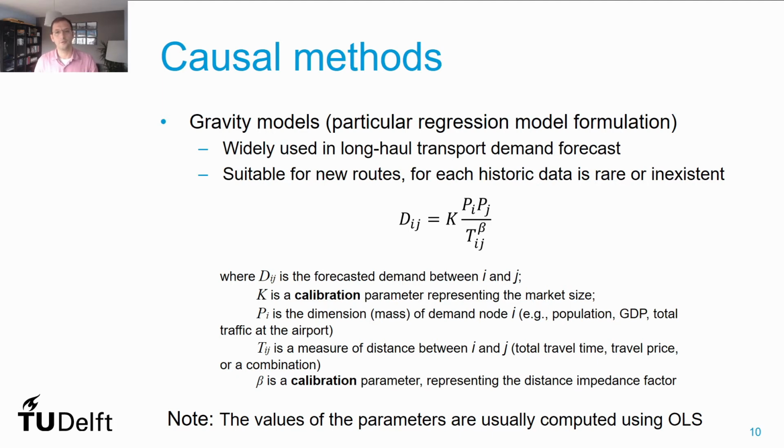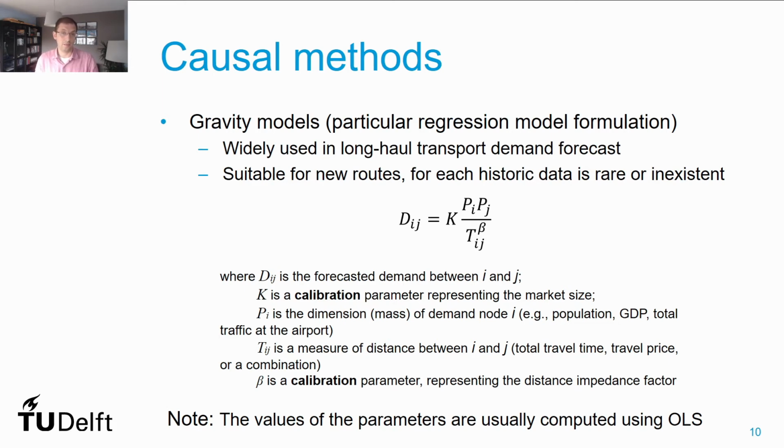So it's very suitable for new routes. And this gravity model, like the name says, comes from the gravity theory from Newton, in which two bodies attract each other depending on the size or the mass of each body and the distance between themselves.